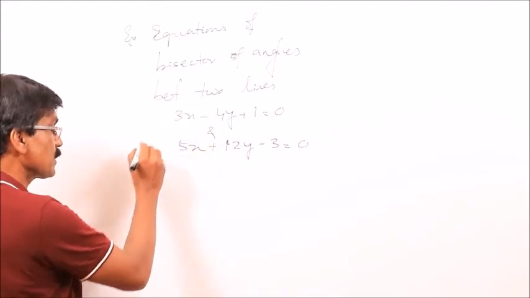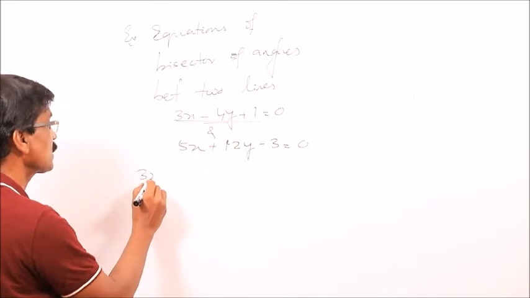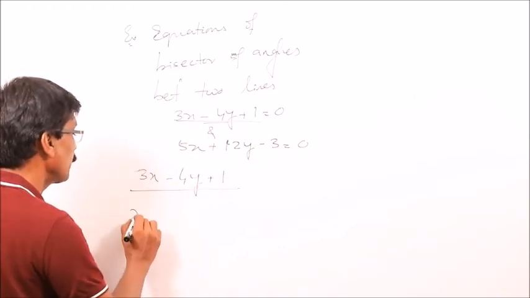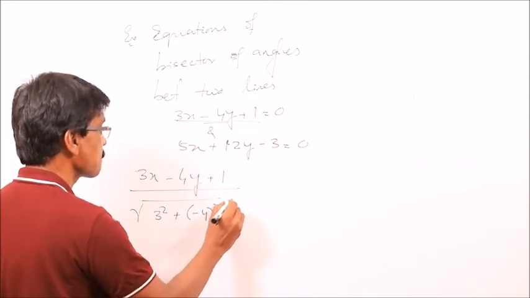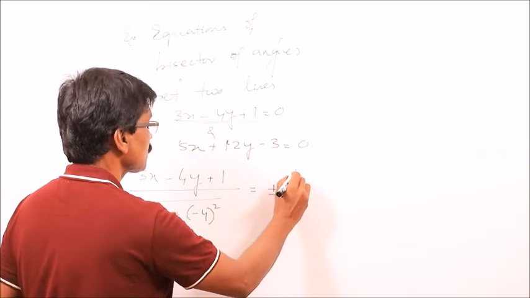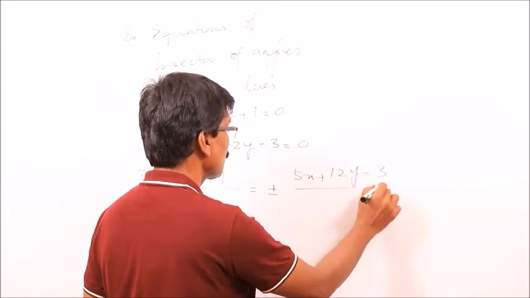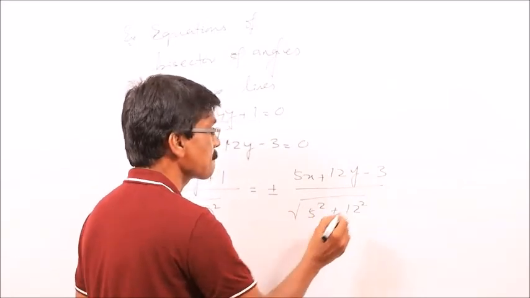So, to find the equation of bisector, first of all we write down this form, that is 3x minus 4y plus 1 divided by root over of 3 square plus 4 square is equal to plus minus 5x plus 12y minus 3 over root over of 5 square plus 12 square.